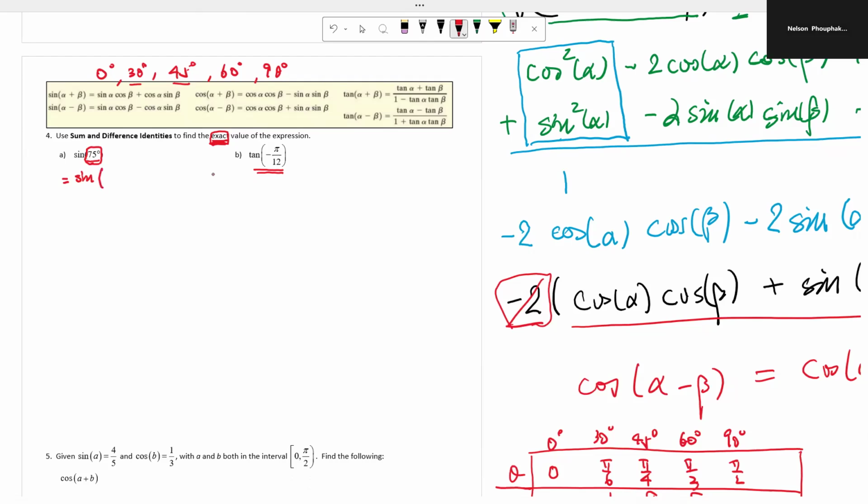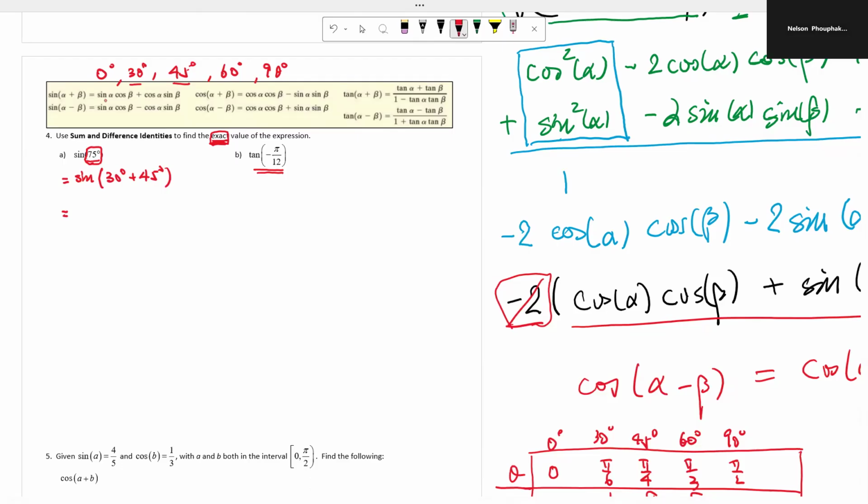In this case, I only have one choice, right? So it will be 30 degrees plus 45 degrees. If you understand this, then we could work out the problems.